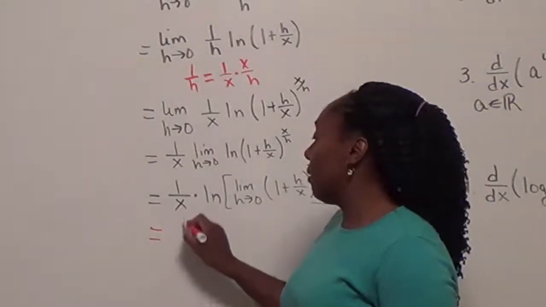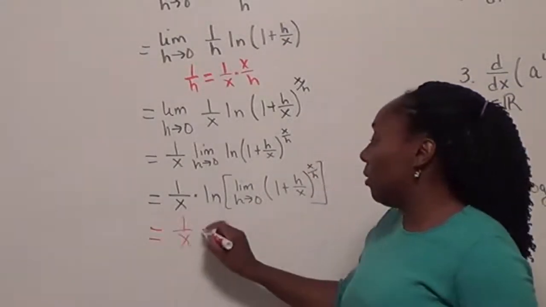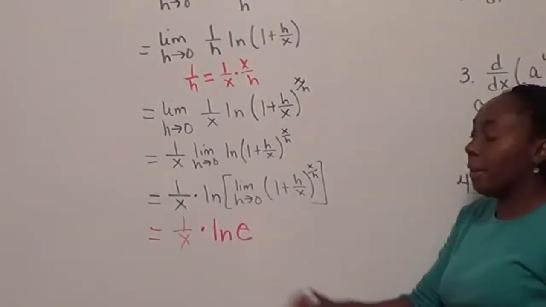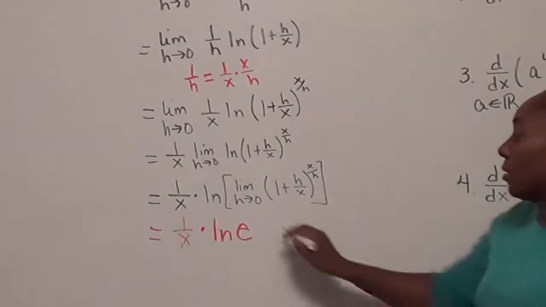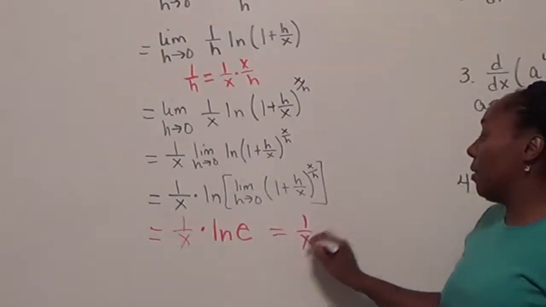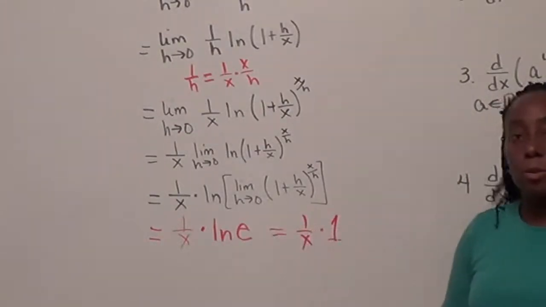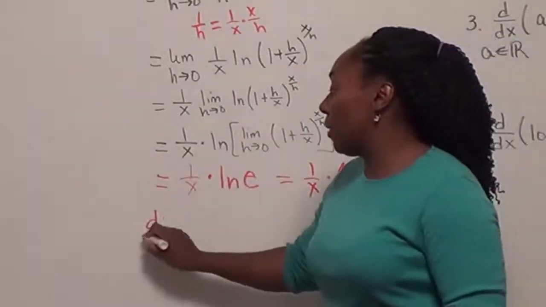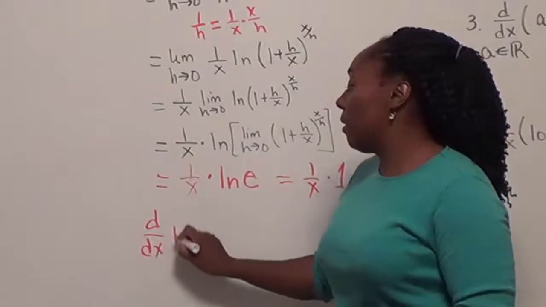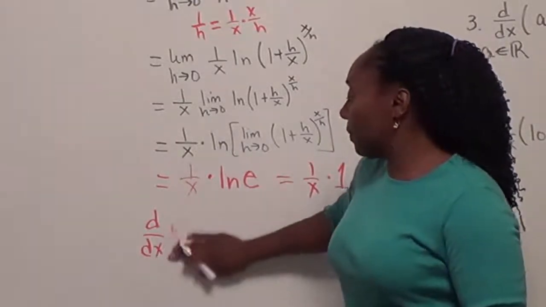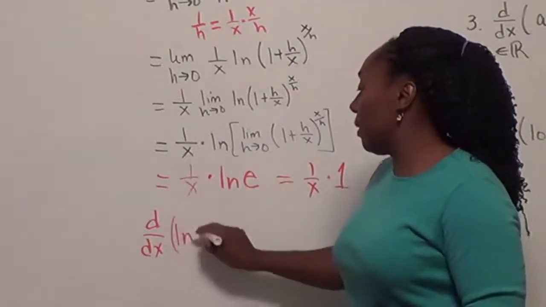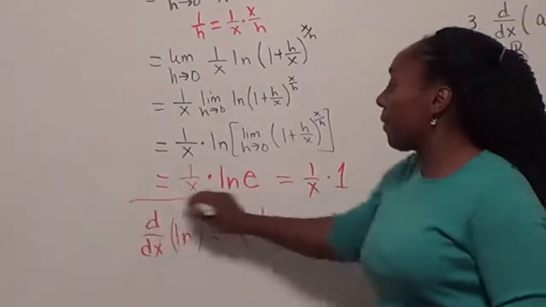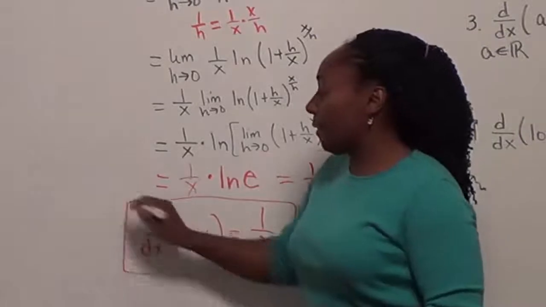So this transforms into 1 over x times the natural log of e, which, if you remember from your basic properties, is 1 over x times 1. So this tells us the derivative with respect to x of the natural log of x is going to be 1 over x.